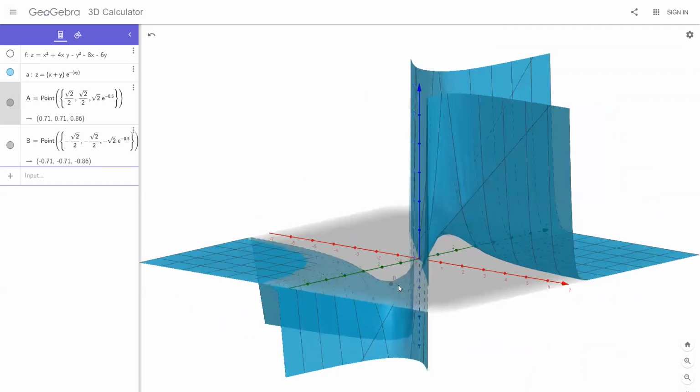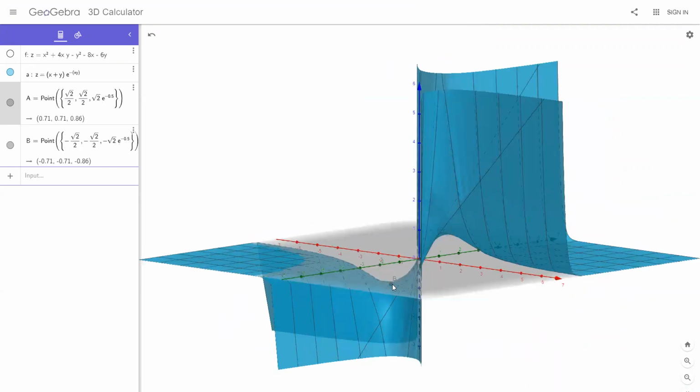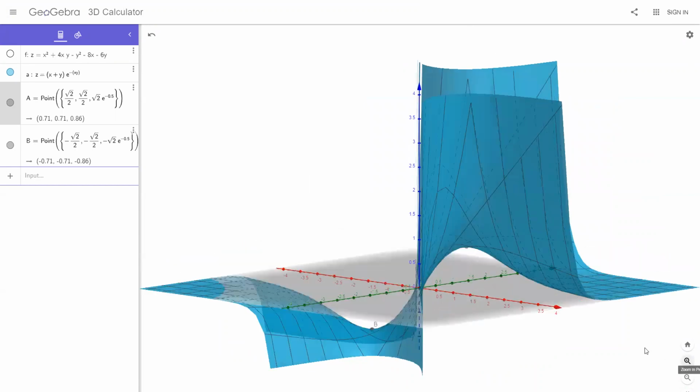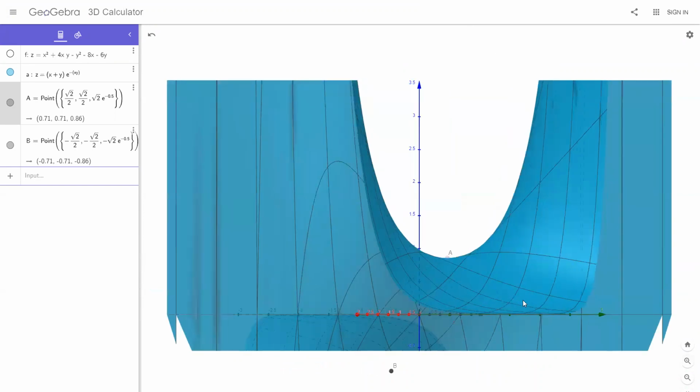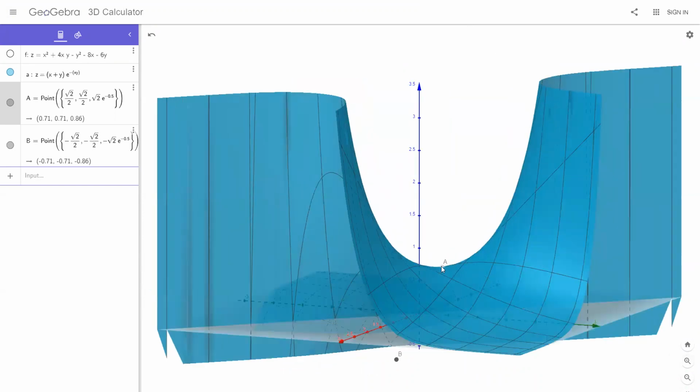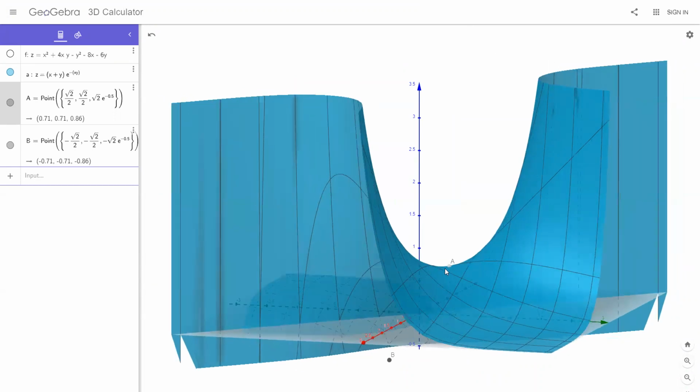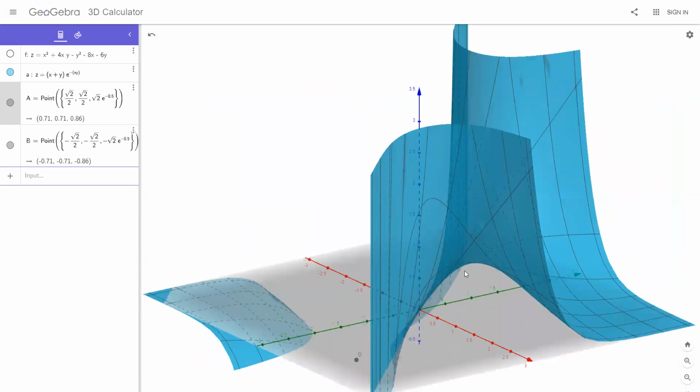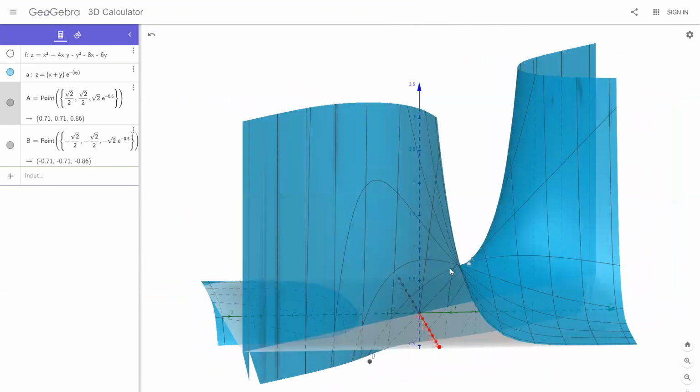And that resulted in finding the points A and B, right? So look at this. I have this point, 1 over square root of 2, 1 over square root of 2, and the z value. It is a critical number.